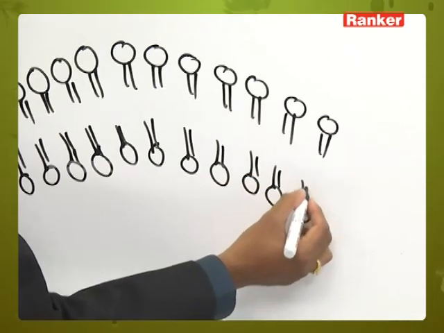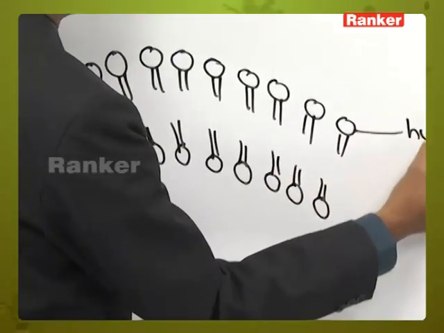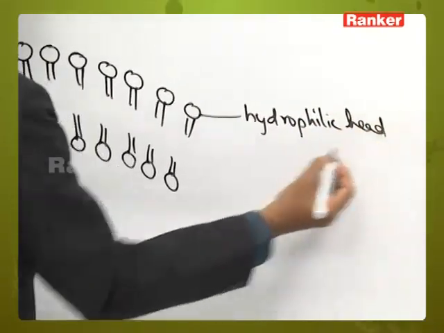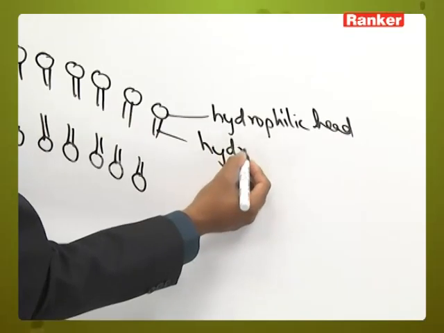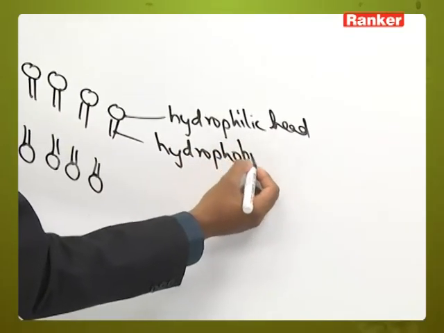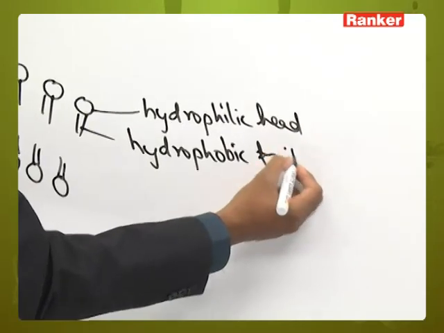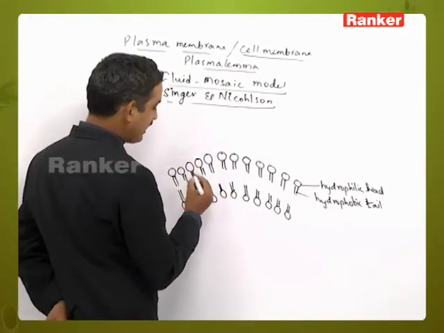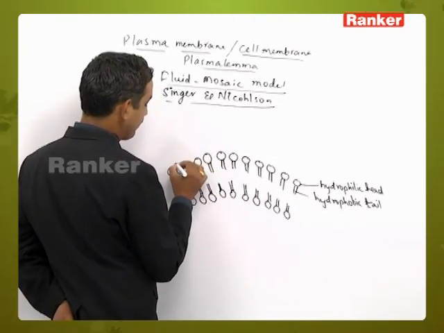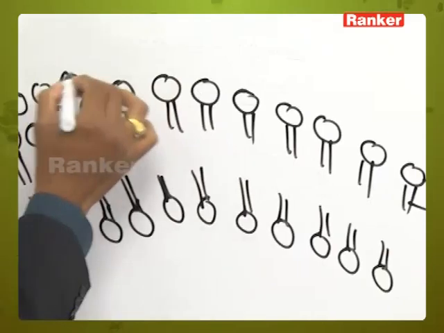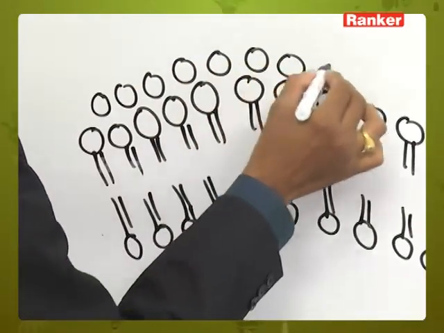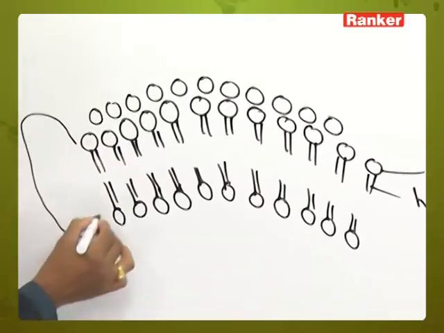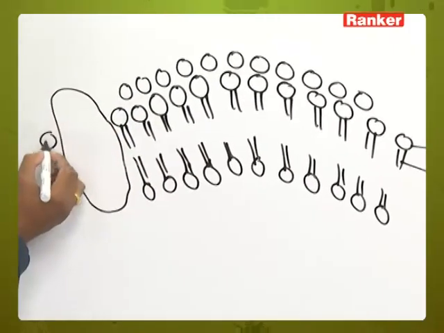Here also we can see the hydrophilic head, that is the polar region, and this is the hydrophobic tail, that is the non-polar region. From the upper side we can see some spherical-shaped structures, and here and there we can see some proteins which are embedded, which can't be seen from outside.